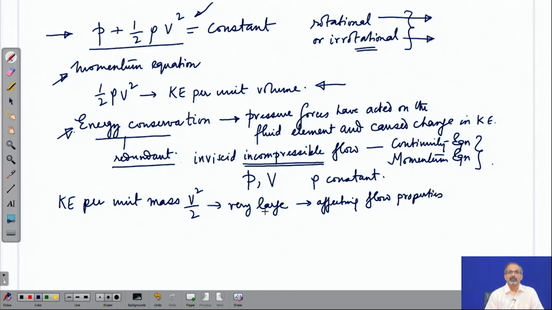And therefore, all the conservation equations feel the presence of a large V square by 2 term.